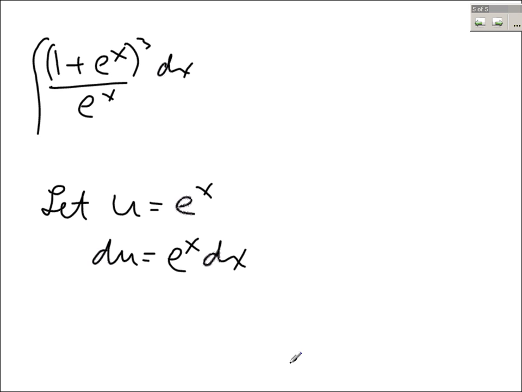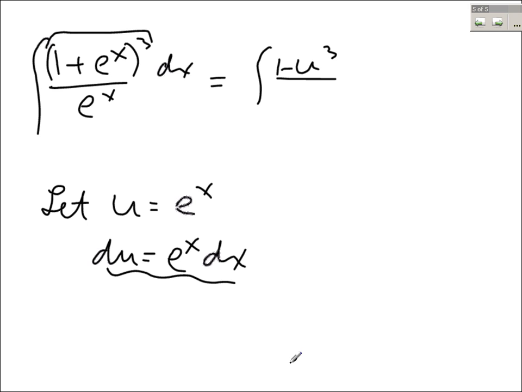Let's see what happens here. In fact, maybe I'll let u be 1 plus e to the x. Actually, maybe I don't want to do that. Let's just let u be e to the x. For the record, if I let u equal 1 plus e to the x, the differential would still be that.